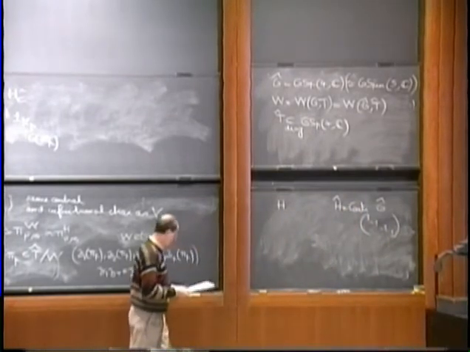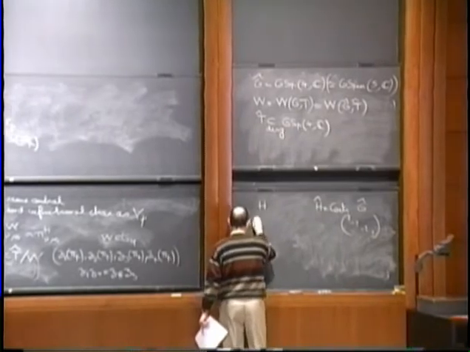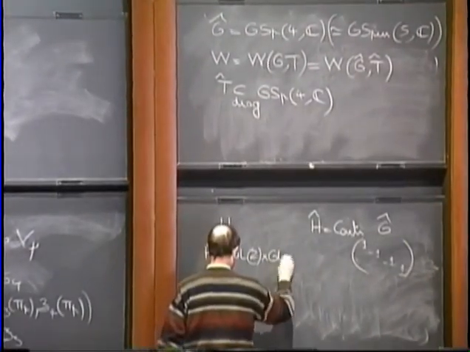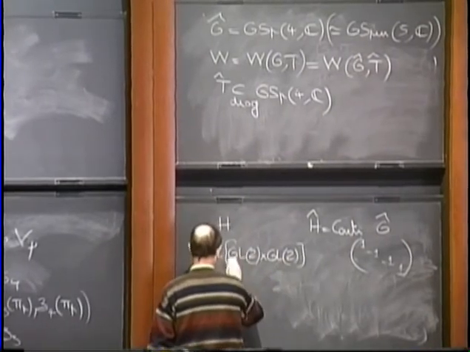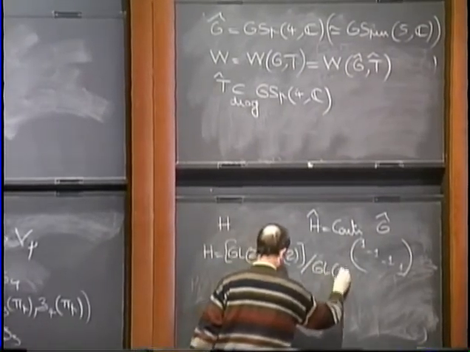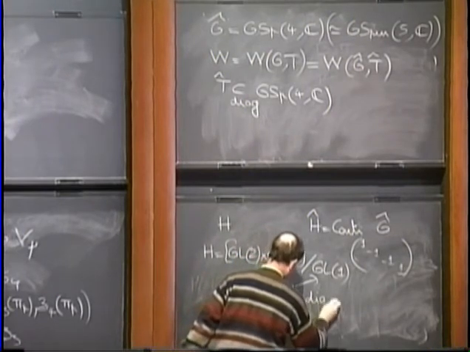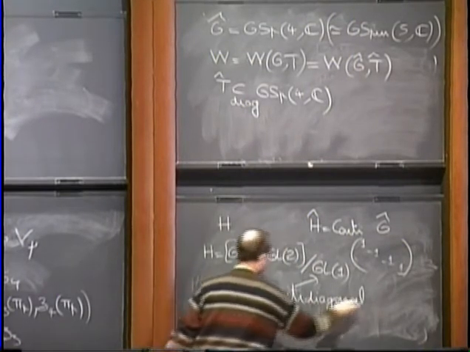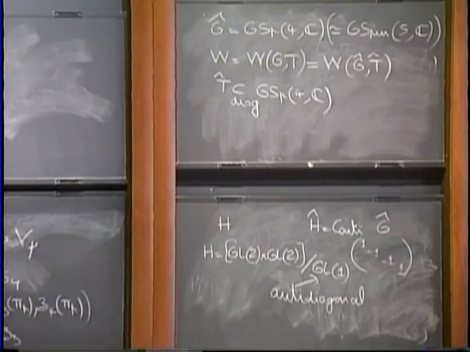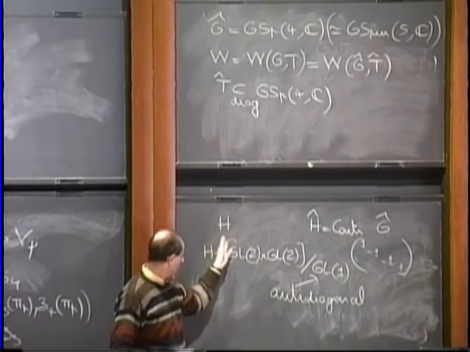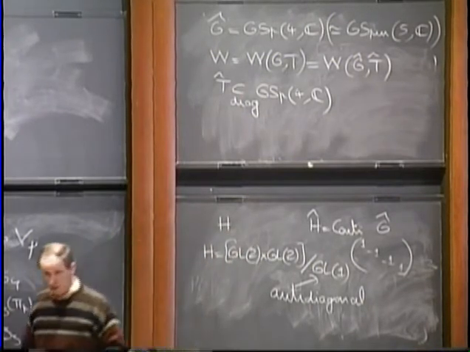And as a group, it is simply GL2 times GL2 divided by the anti-diagonal GL1. So this group is not a subgroup of J, but as usual, it is sharing with the group J a maximal torus.